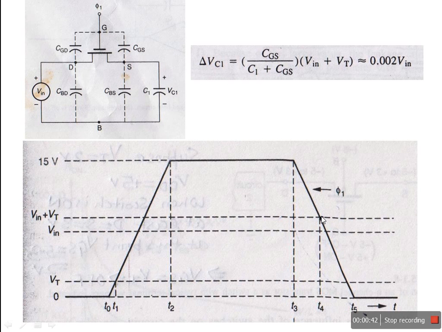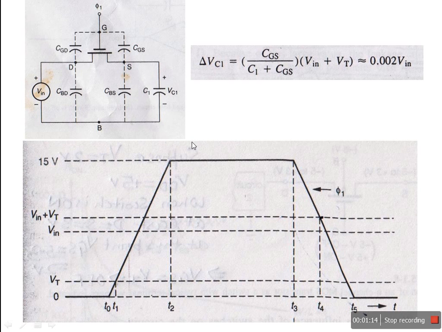It will be at T4, this point, V in plus VT. V in is drain. One thing I would like to mention here, this is named as source because we thought that the capacitor was discharged earlier, so this was the lower potential, so we consider it as source, and it was connected to the V in potential, so it was considered as drain.